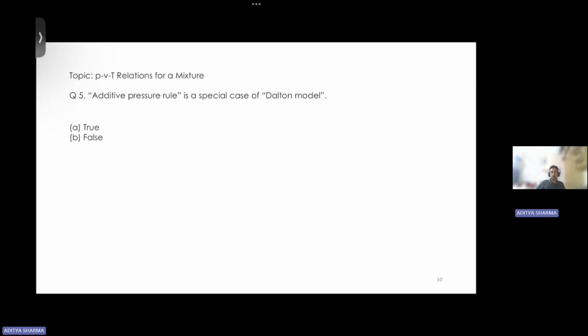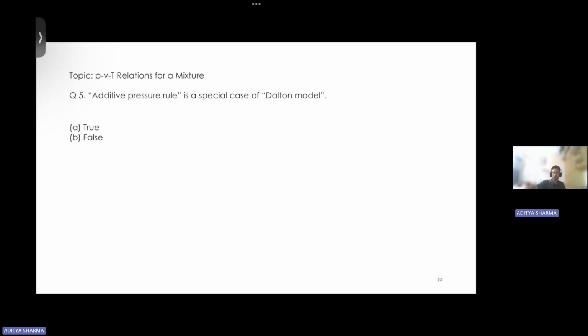And what is the Dalton model? We saw the Dalton model in our discussions on ideal gas mixtures, where we saw that the different partial pressures are related to the components of the mixture. When we add those partial pressures, we get the total pressure of the mixture.